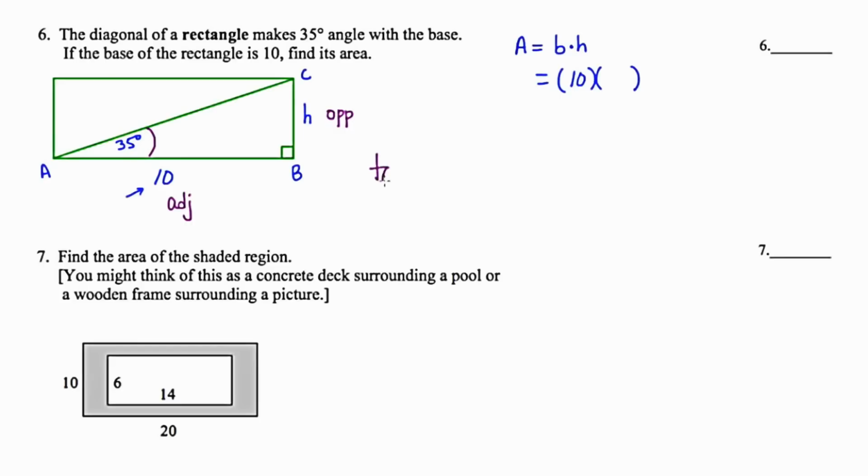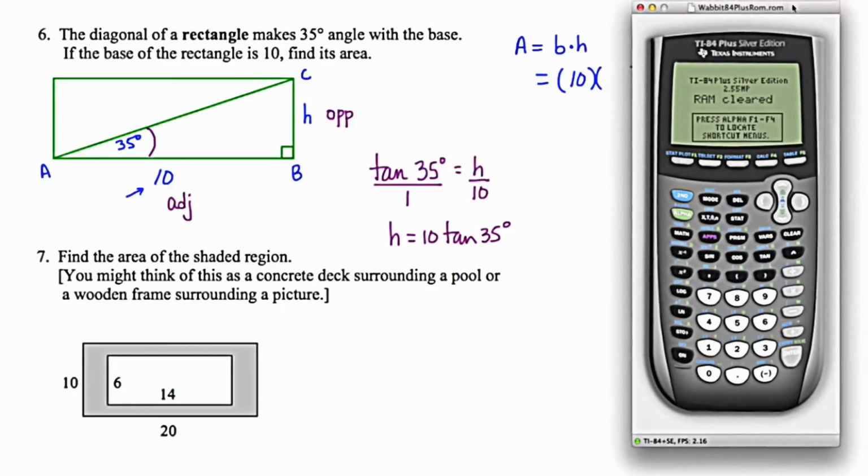So we can set up a proportion that says the tangent of 35 degrees is equal to h over 10. I can put tan 35 over 1, and I can cross multiply and say that h is equal to 10 tan 35.